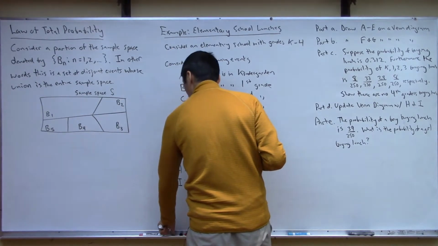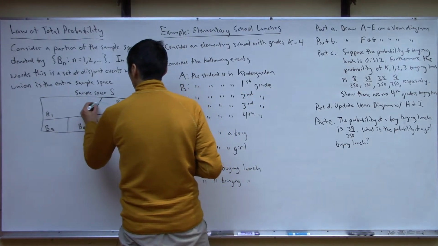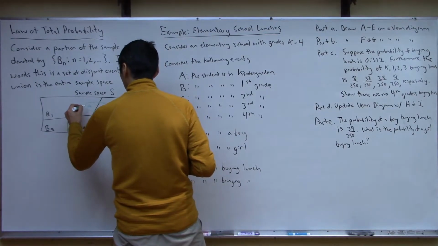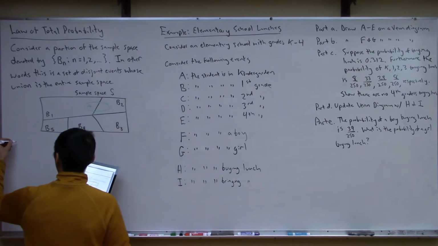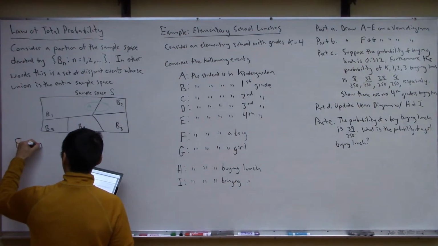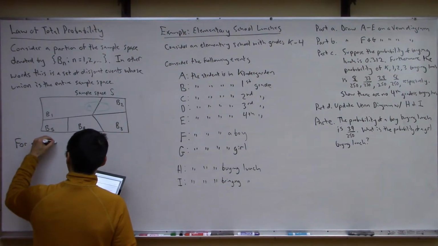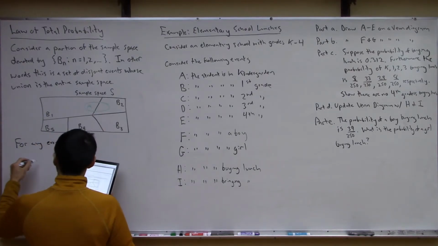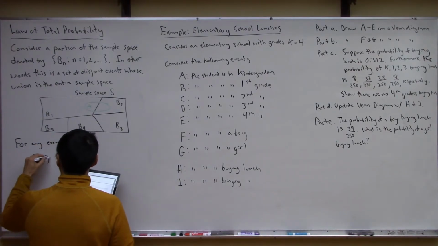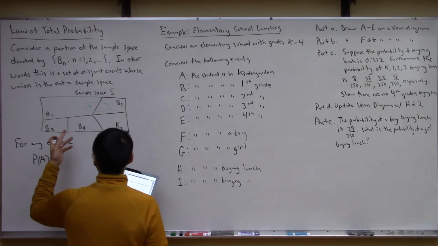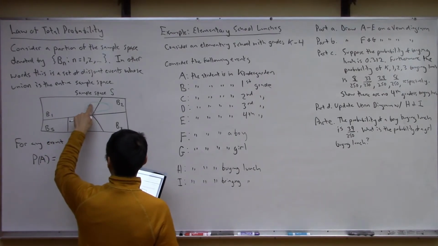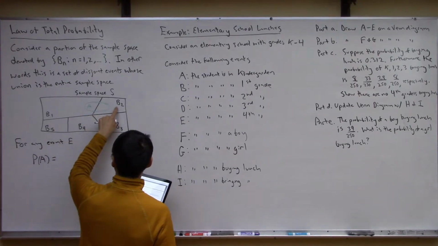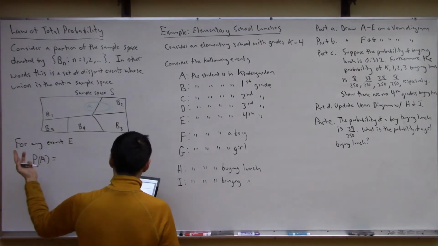Okay, so what's interesting now is we can consider any other event. Let's draw this in green. Let's call some other event A, like this, in green. So for any event A, the probability of A is what we get if we add up the probability of A intersecting with B1, A intersecting with B2, A intersecting with all of these, and then add them all up together.